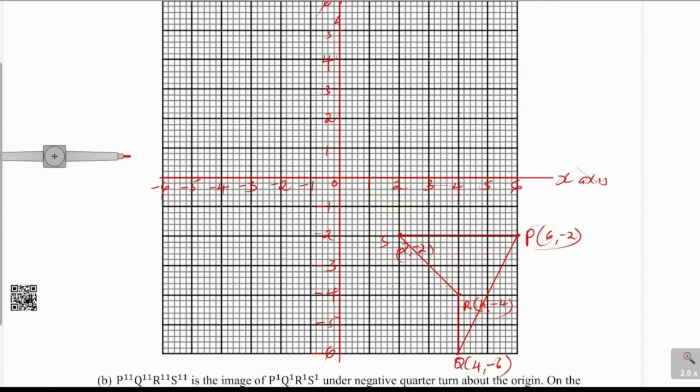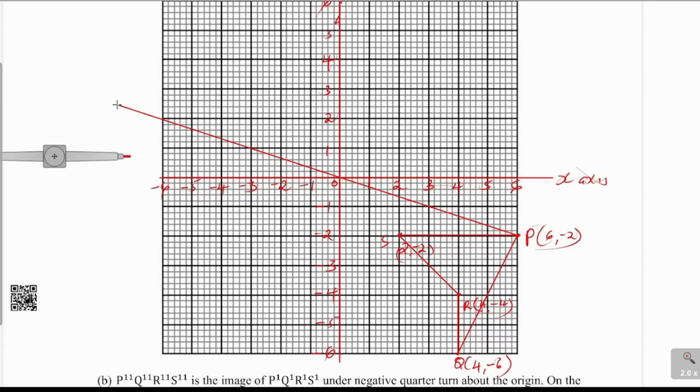We start with P. You join P to the center of enlargement using a straight line, like that.